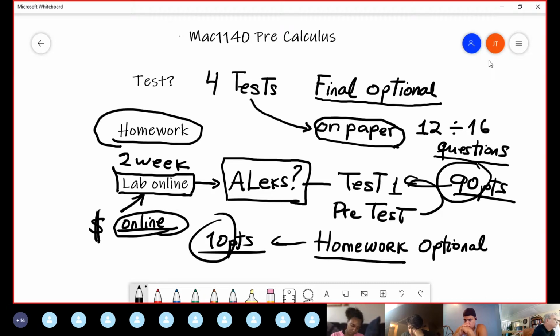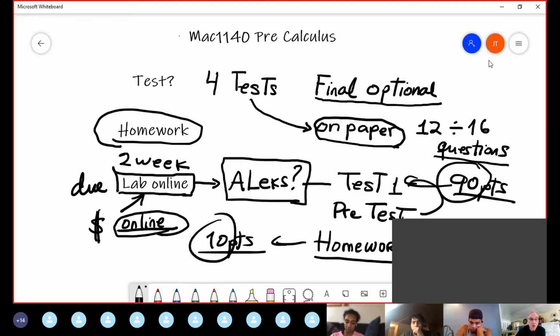We have the permanent code, and we have the loan, the financial aid code. It's valid for the first 2 weeks. So my recommendation is, as soon as possible, today, you enroll in the lab online. Okay? And what is due?